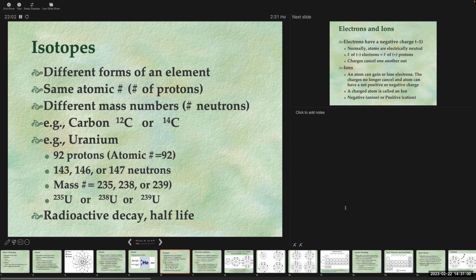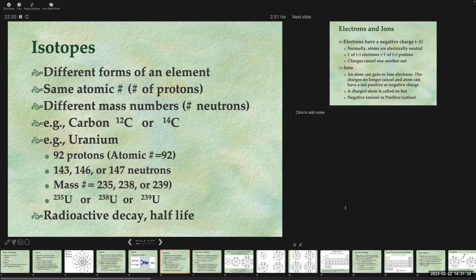But it can have a variable number of neutrons, and some of the most common configurations of uranium have either 143, 146, or 147 neutrons. So if you add 92 protons plus either 143, 146, or 147 neutrons, you get mass numbers of 235, 238, and 239. And you can see the symbols for those: U-235, U-238, U-239.